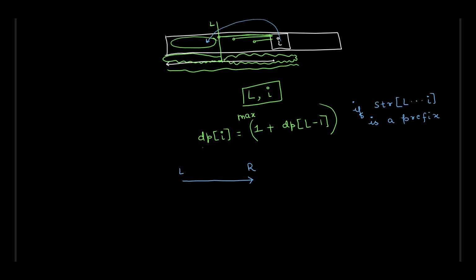So the transitions are actually fast in the sense that sure you have to iterate on the possible choices for the last segment, but at least you will have dp L minus 1 available to you. You won't have to do any recursion. So you can do it in an iterative dp fashion. And that's it. That's the first algorithm that correctly solves the problem.